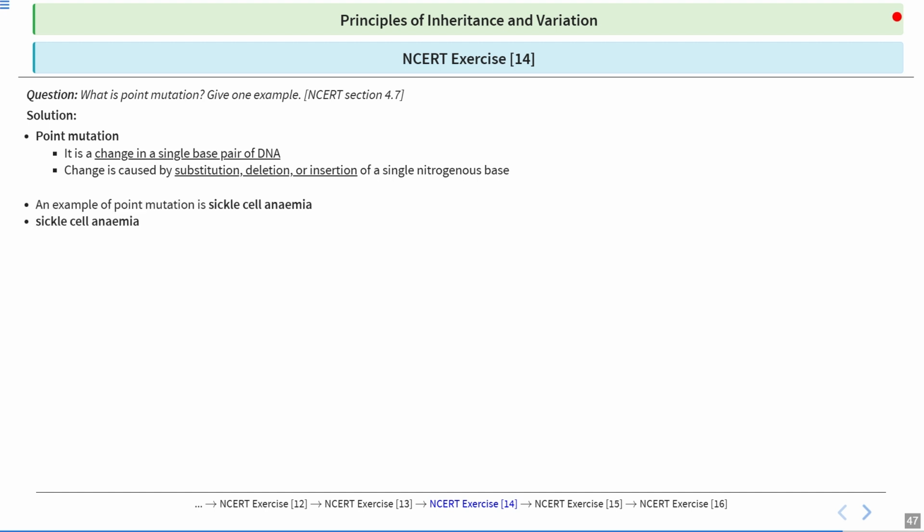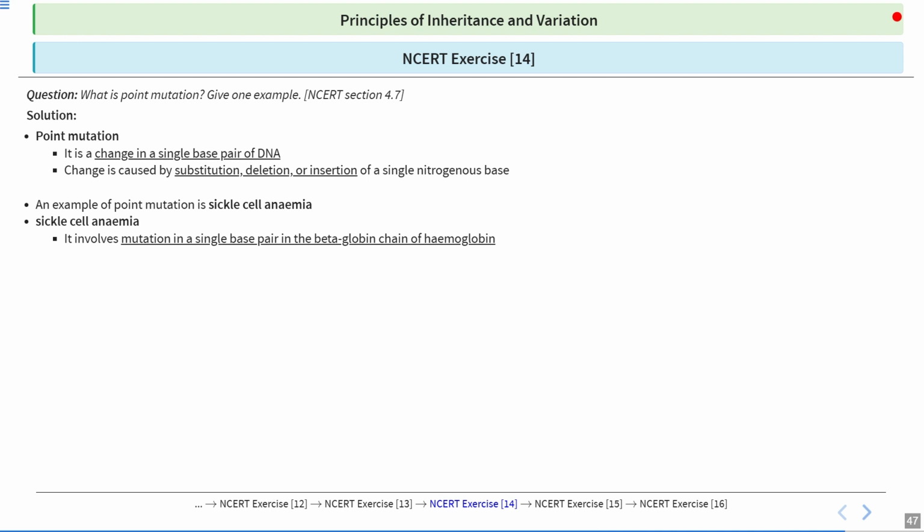An example of point mutation is sickle cell anemia. What happens in sickle cell anemia? Here there is a mutation in the single base pair at the 6th position of the beta globin chain.